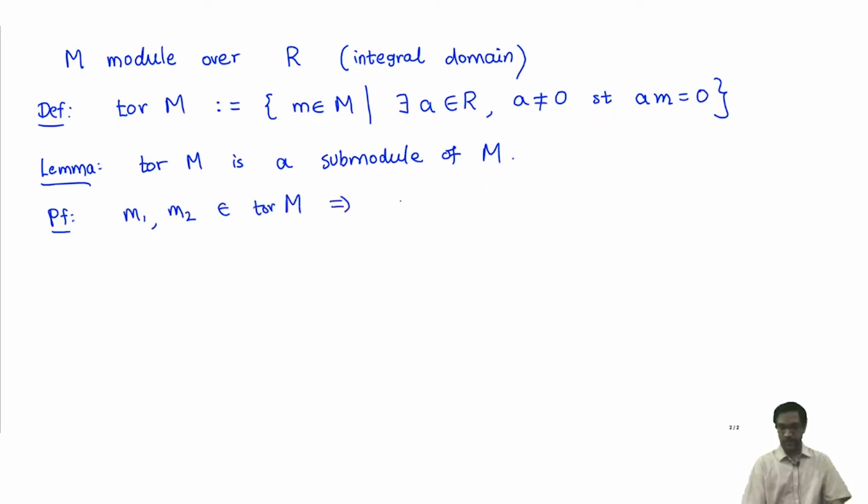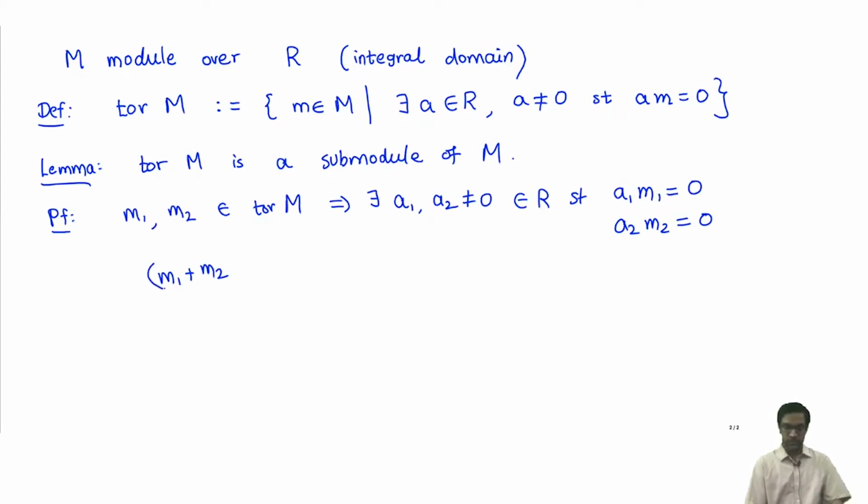It means that there exist a1, a2, both non-zero elements of the ring R, such that a1 kills m1, a2 kills m2. Now suppose I want to show that m1 plus m2 is also in tor M, for which I must produce a non-zero element which kills m1 plus m2.